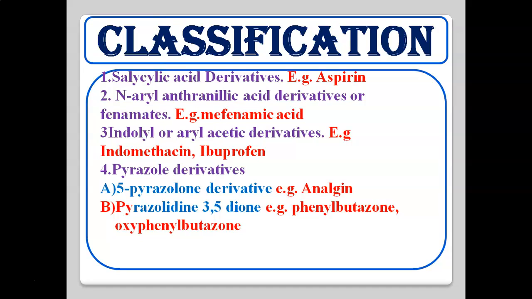Third class, indolyl or aryl acetic acid derivatives, examples are ibuprofen and indomethacin. Then the last class, that is pyrazole derivatives, also subdivided into 2 classes, that is 5-pyrazolone derivatives, example is analgin, and second is pyrazolidine 3,5-dione, that is phenylbutazone and oxyphenbutazone.